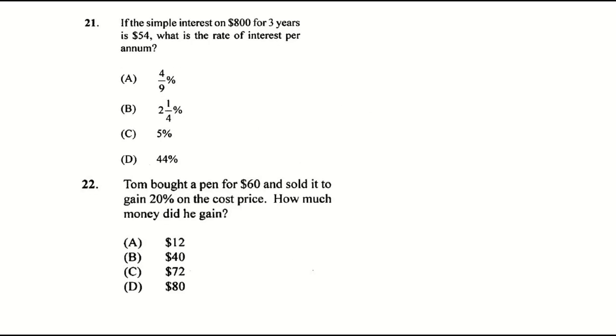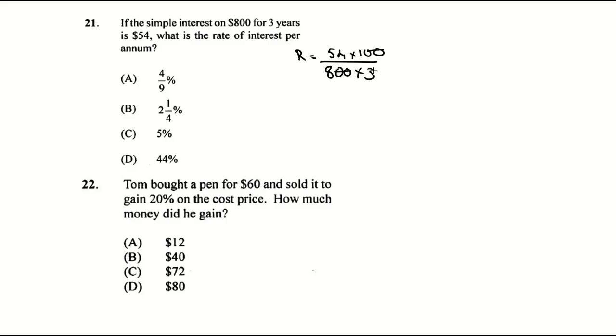If the simple interest for 800 for 3 years is 54, what is the rate? We know rate is equal to your simple interest 54 times 100 over 800 multiplied by 3.